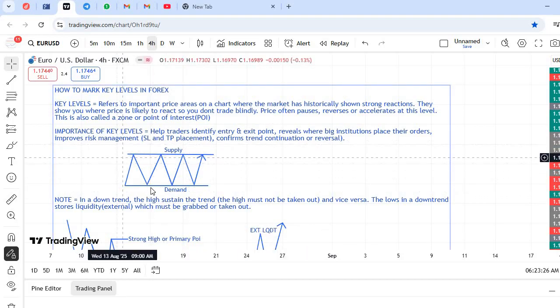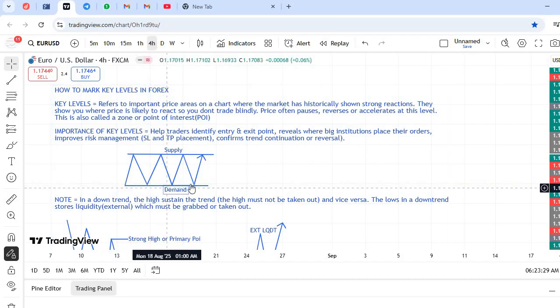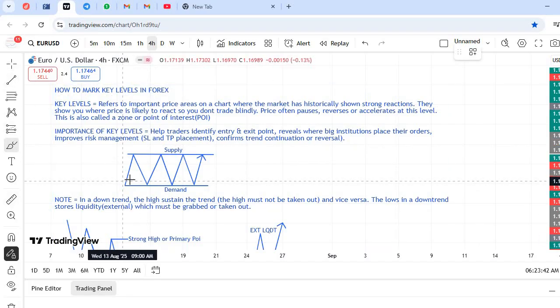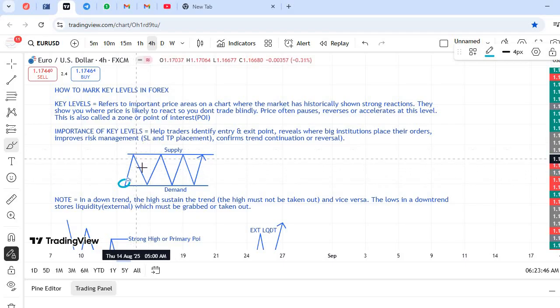Now, if you look at this level, you will see that price has come to test and mitigate this level and bounce back several times. Can you see? Price came to mitigate, test it here and bounce back, came to mitigate it.